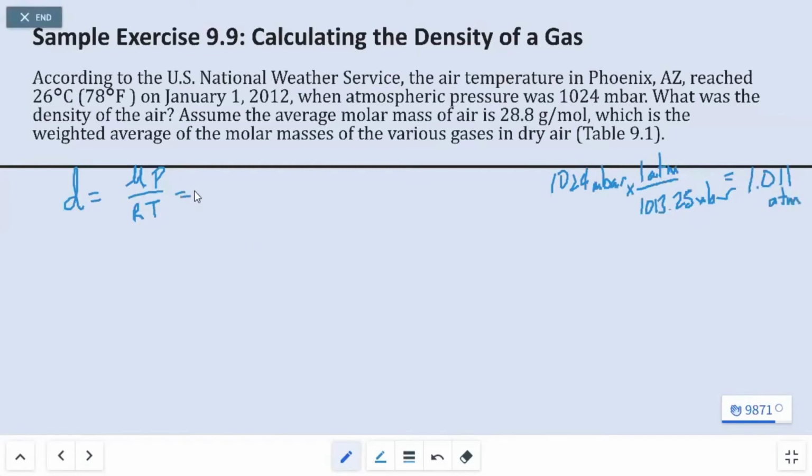So putting in the values, 28.8 grams per mole multiplied by 1.011 atmospheres divided by 0.08206 liter atmospheres per mole Kelvin, and 26 Celsius would be 299 Kelvin.